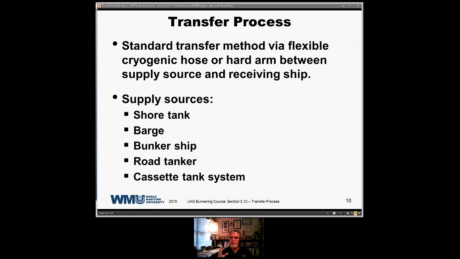In the early years of the LNG trade, ship-to-ship transfer was a highly unusual event. As a matter of fact, if you look at the safety record and ship casualties over the years, you'll see one that occurred in October of 1980 involving a vessel called the LNG Libra.